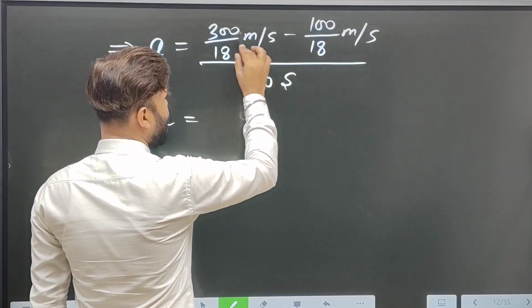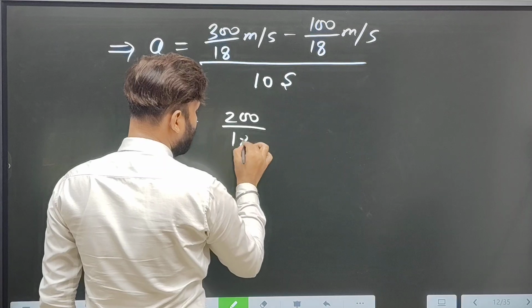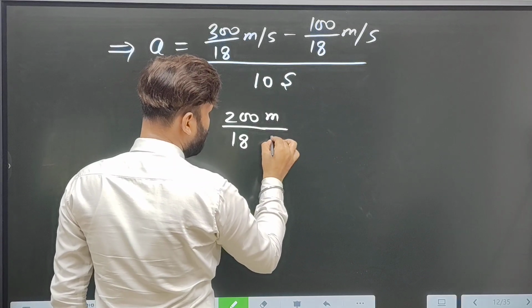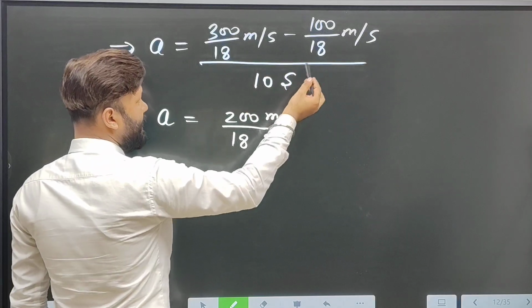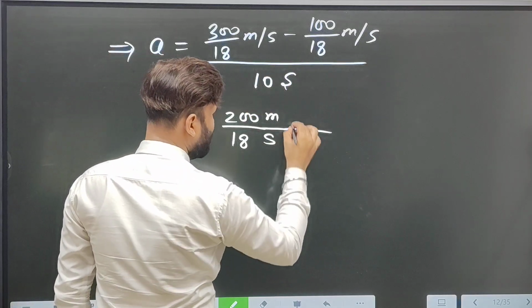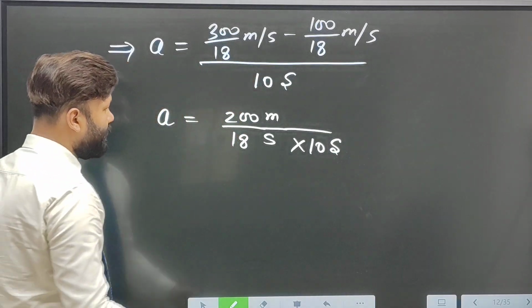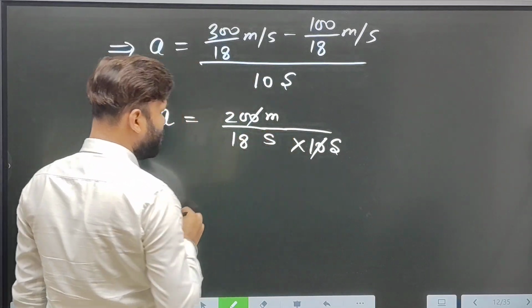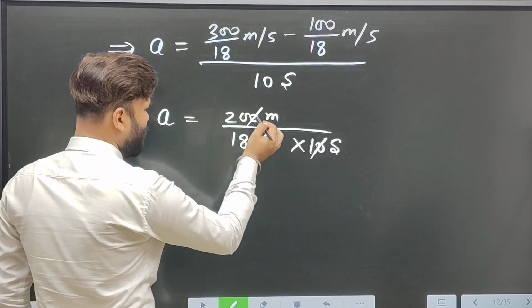Take the LCM, so 300 minus 100, it is 200 by 18 meter per second. Second will come in denominator. Now this 18 second will come in denominator, so what remains over here? 10 second. Okay, so 10 and 10 cancel.